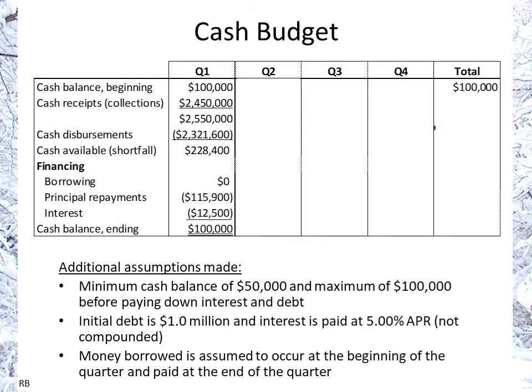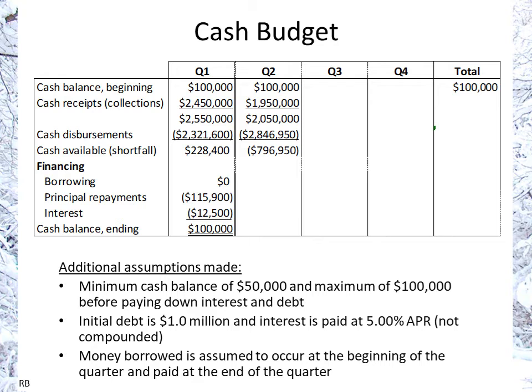The balance at the end of the month is going to equal the balance at the beginning of the next quarter. Sorry, it's the next period, in this case a quarter. Now we can do the same thing for Q2 with the collections and the disbursements. And here you'll see that we have a shortfall, so we're short of cash to the extent of 796,000.